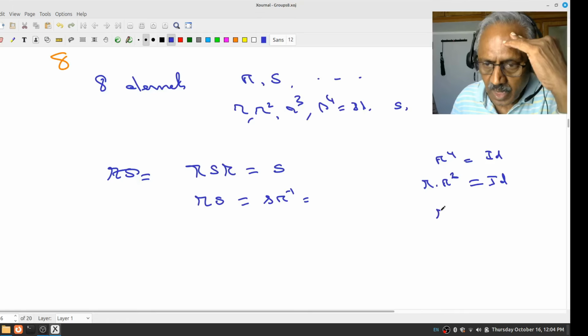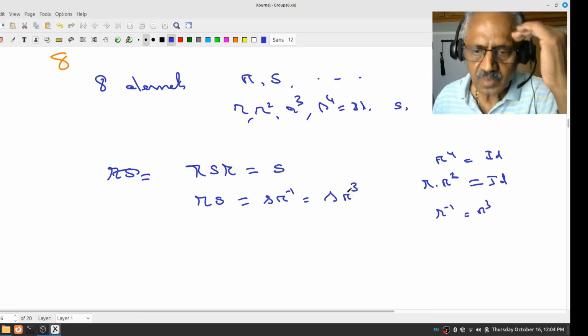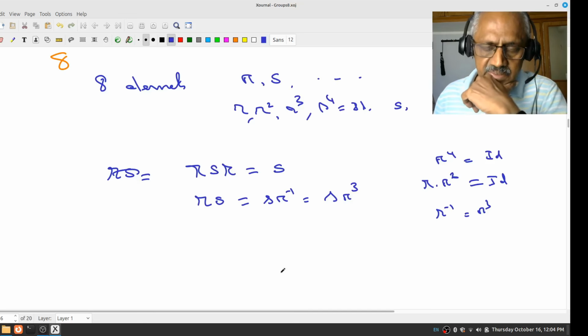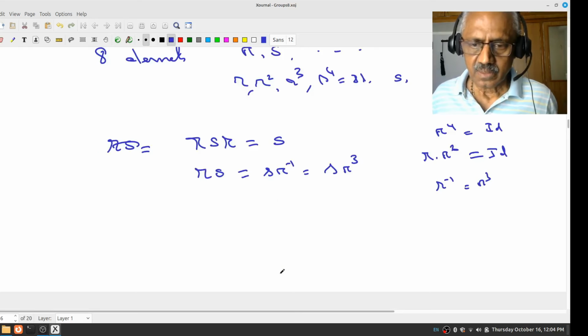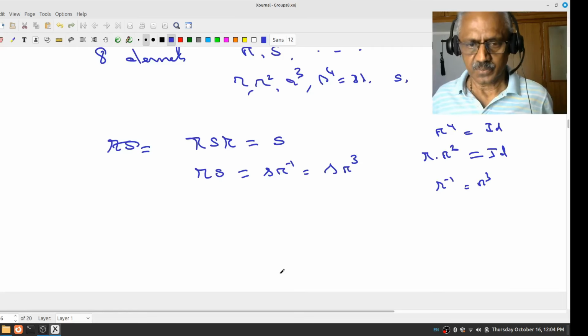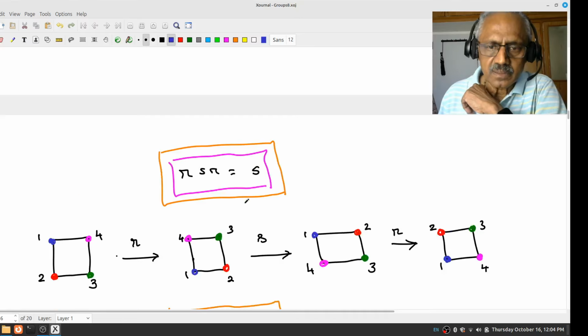Therefore, R inverse is R cubed. Therefore, it is S R cubed. You understand this? Therefore, RS is S R cubed. Is that right?